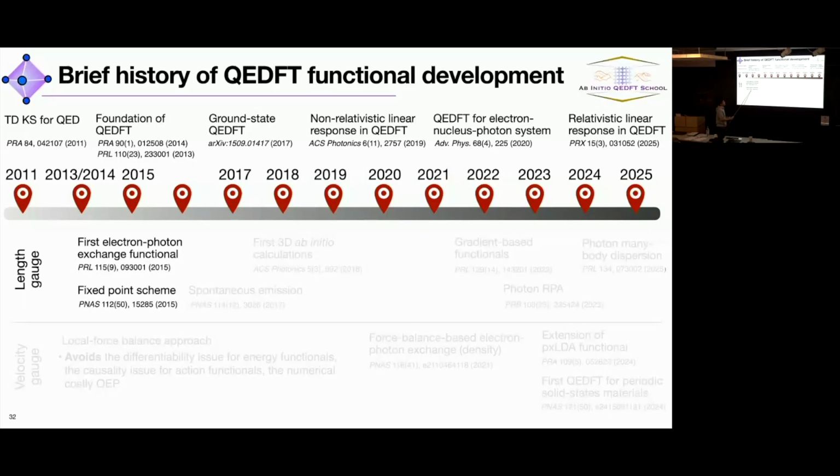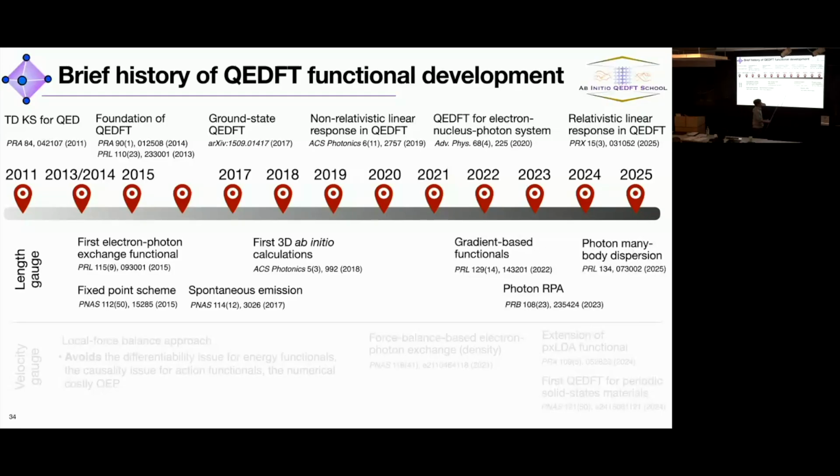They can also reverse the process to find the exact electron-photon exchange correlation functional using a so-called fixed point scheme. In 2017, this is the first work using QEDFT to show spontaneous emission. In 2018, this is the first 3D ab initio calculation for real molecules.